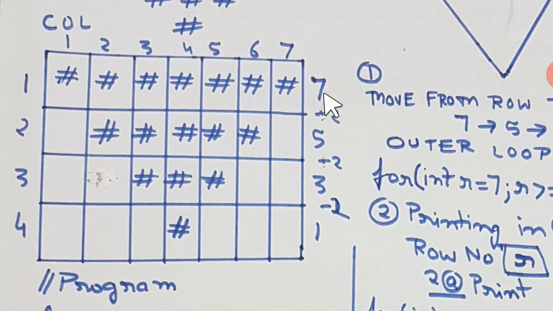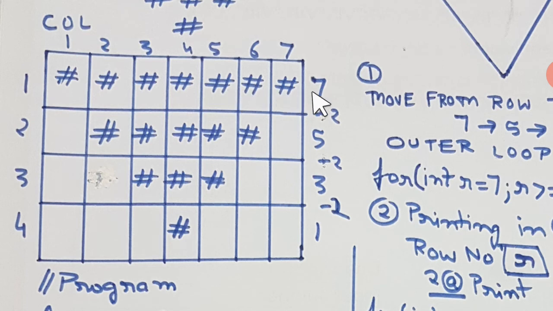And if I count these numbers, 1, 2, 3 and 4, I need to work in 4 rows, and in the columns of those rows.